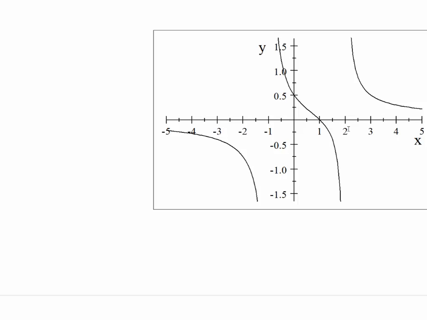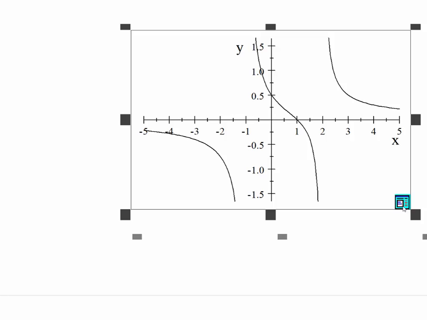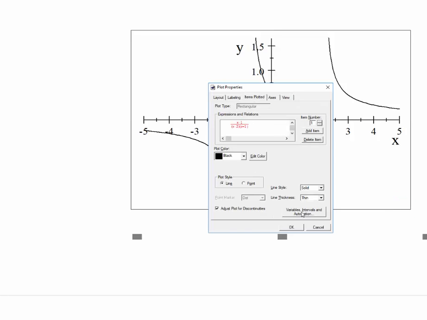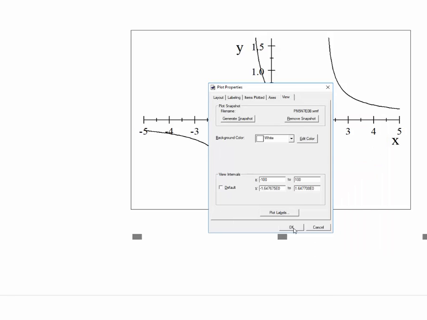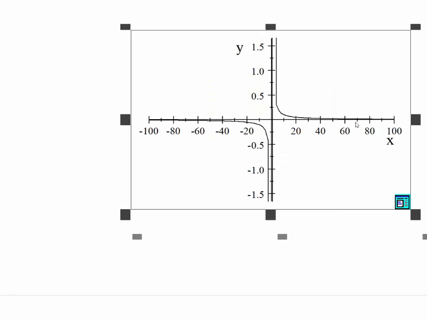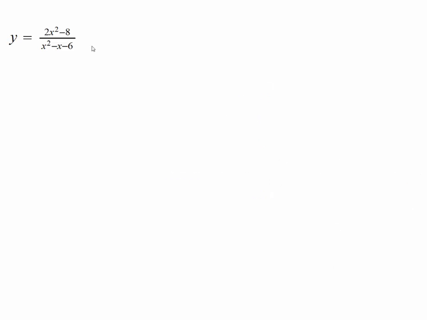And if you look at the larger values of x, let's go from -100 to 100. We can see that as x approaches those large values, y is approaching 0. So y equals 0 is a horizontal asymptote here.